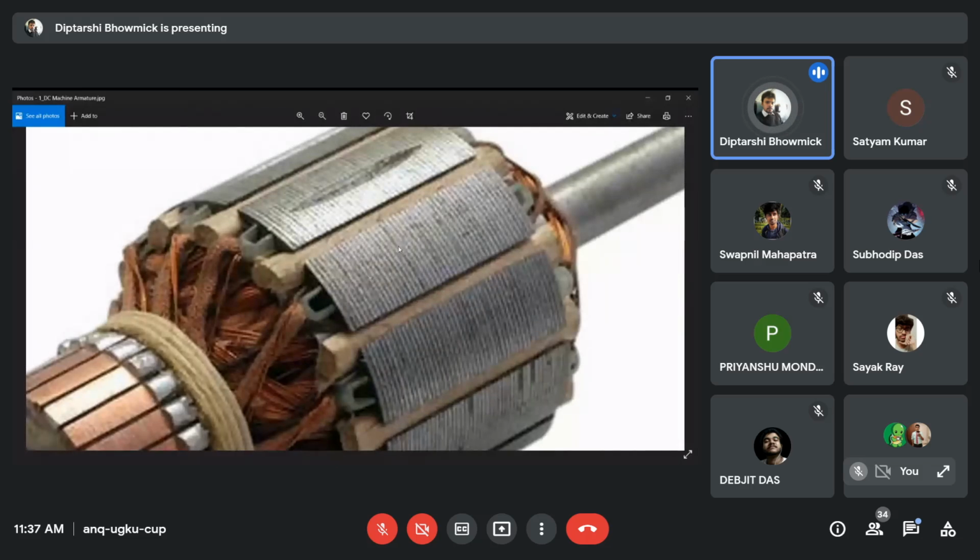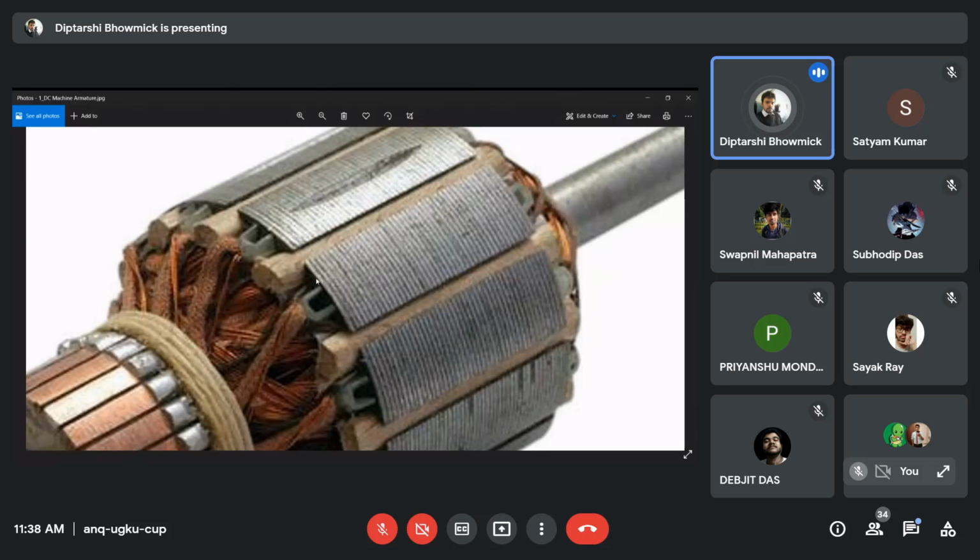If you look into this picture, this armature, very minutely, then you can see that this teeth part is not a solid part, isn't it? There are several very thin plates which are stacked together.